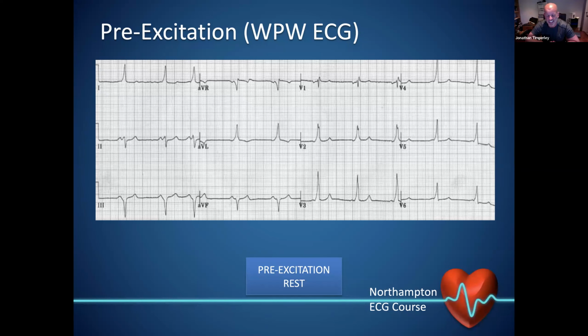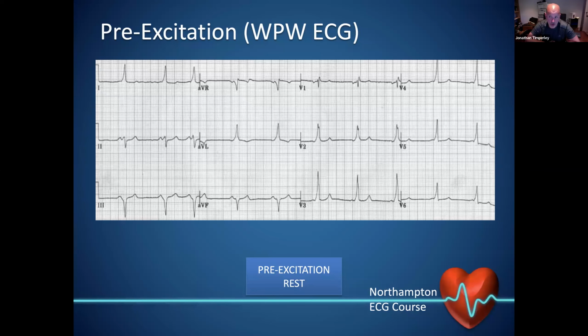Generally it's reasonably accurate, but it's irrelevant. If you've got pre-excitation and they're under the age of 40, from a prognostic point of view, they should have an EP study to work out if they are at any excess risk or not. Over 40, you can make a case.